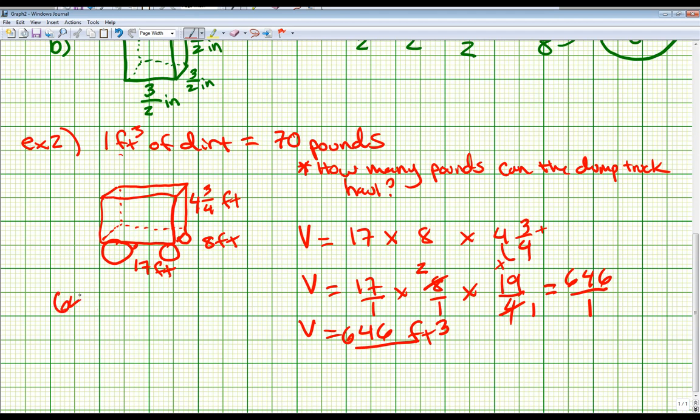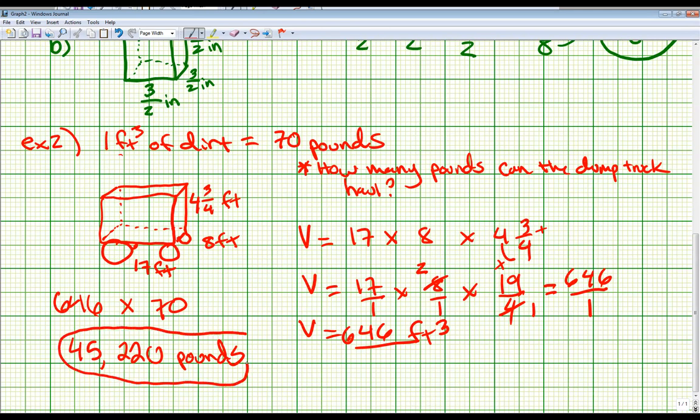So 646 for our volume, multiplied by 70 pounds per cubic foot, is going to end up giving us a nice big number, 45,220 pounds. And that's how many pounds this big dump truck can haul of dirt.